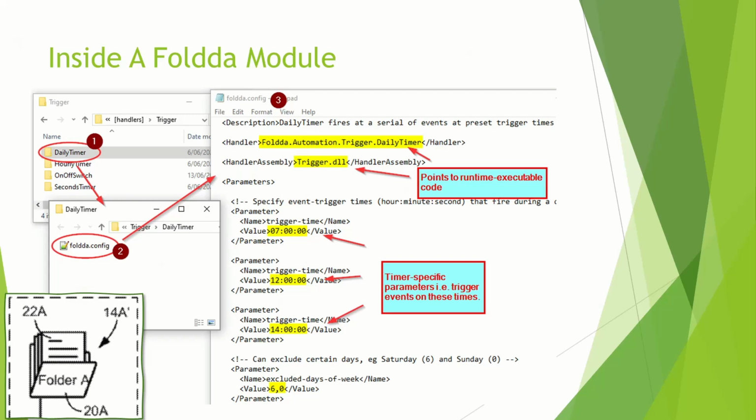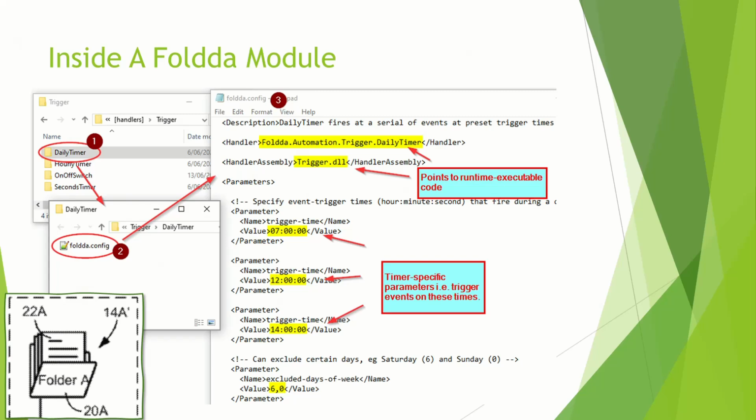It tells the runtime, when you launch this module, look for a class called trigger.dailytimer, which will be sitting in a file called trigger.dll. Once you locate this DLL and the class, run it. When you run it, provide the class with these parameters. In this case, the three triggering times, which will be 7 o'clock, 12 o'clock, and 2 p.m. in the afternoon.